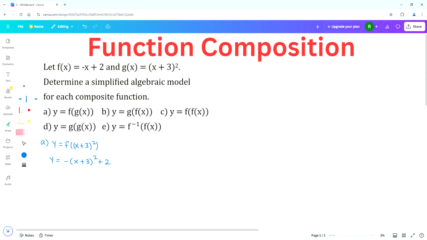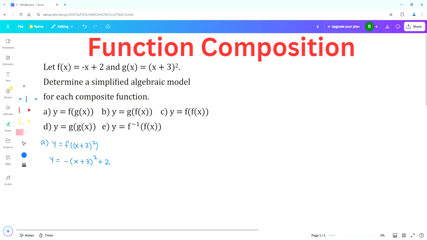We do this because f(x) is equal to -x + 2. Therefore, f((x + 3)²) will be equal to -(x + 3)² + 2. This is a very important concept we should understand and memorize to solve this type of problem.